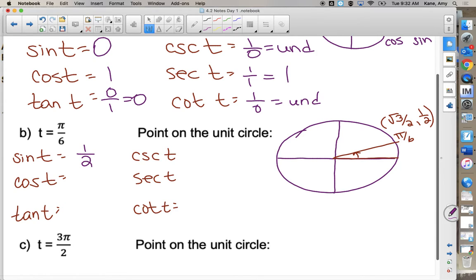The cosine would be perfect. And then to find the tangent, you're now taking those two values and we're taking y and dividing it by x. So we're going to take 1/2 and divide it by the square root of 3 over 2.